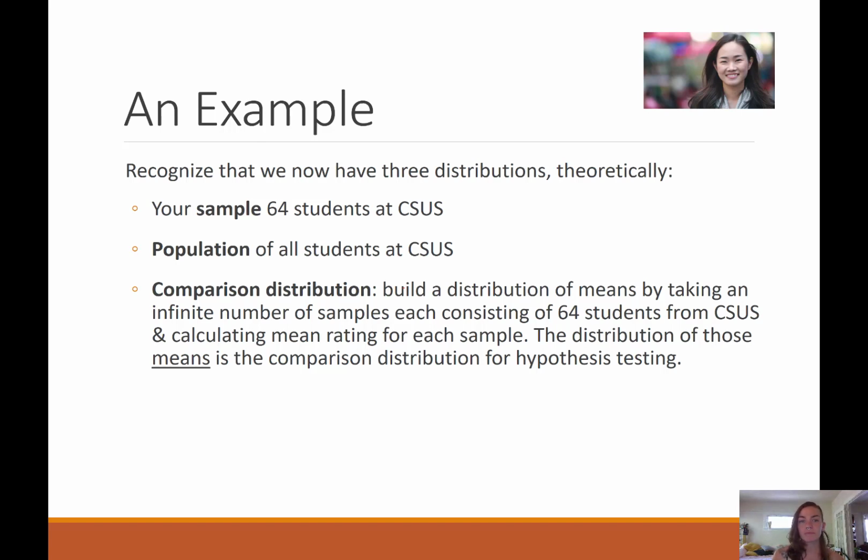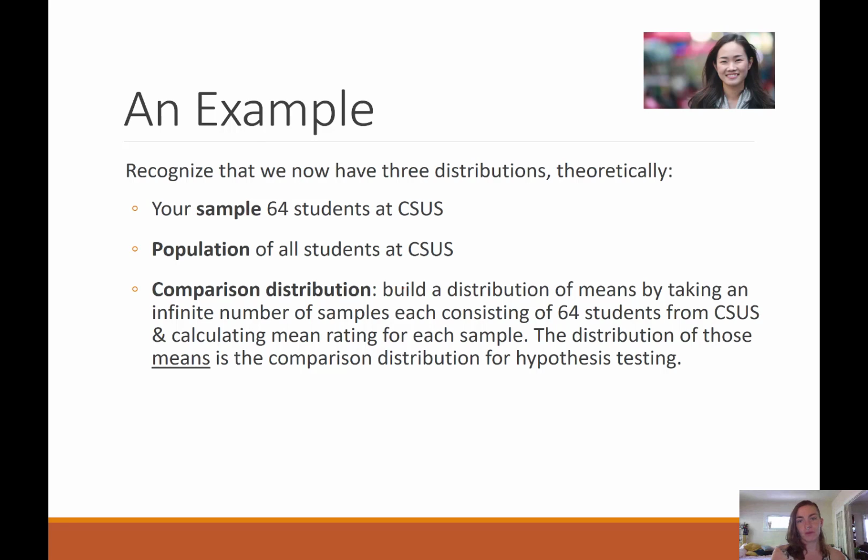The third distribution that we're introducing in Chapter 5 is called the comparison distribution, or the distribution of means. And the distribution of means is, in this case, going to be theoretically a distribution of means of samples that I draw over and over and over again from the population.